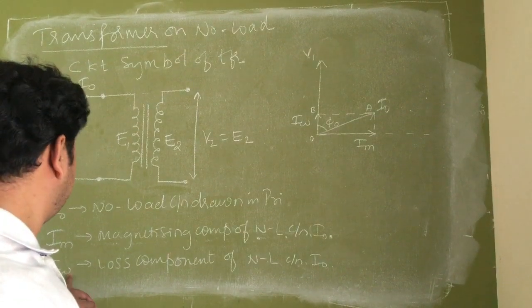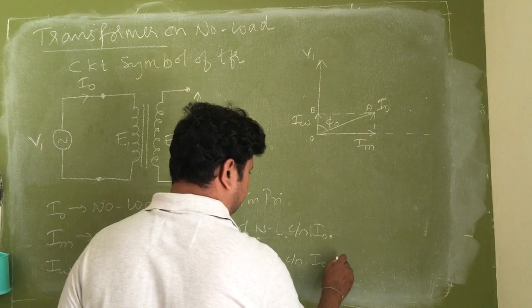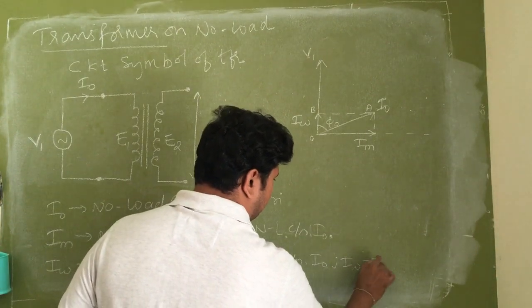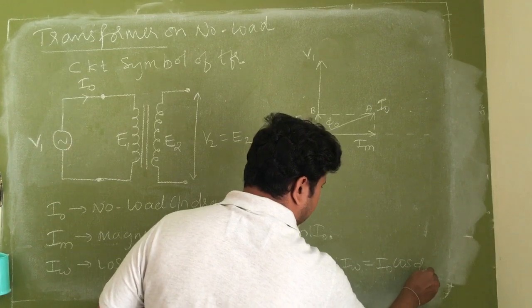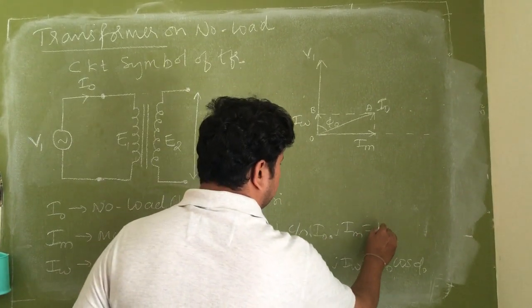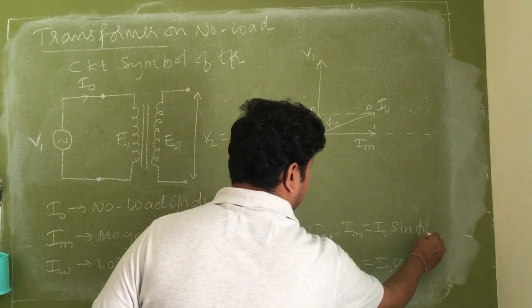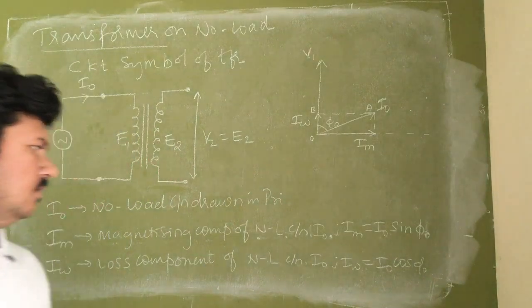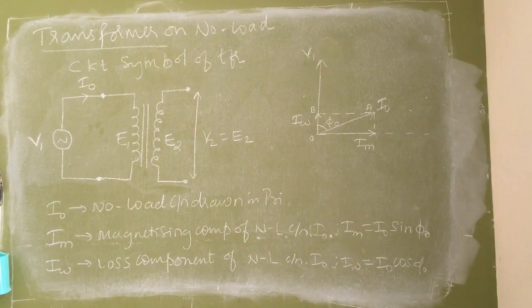So I can write Iw is equal to I0 cos phi naught, and Im is equal to I0 sin phi naught.